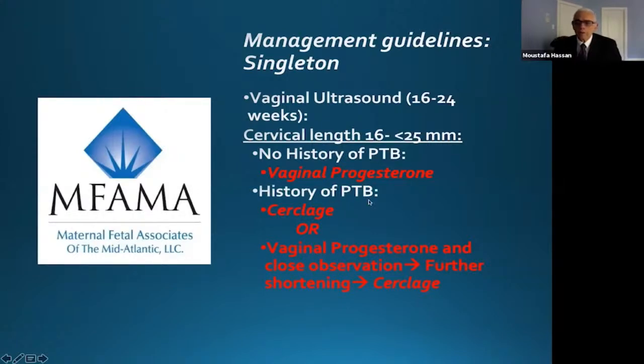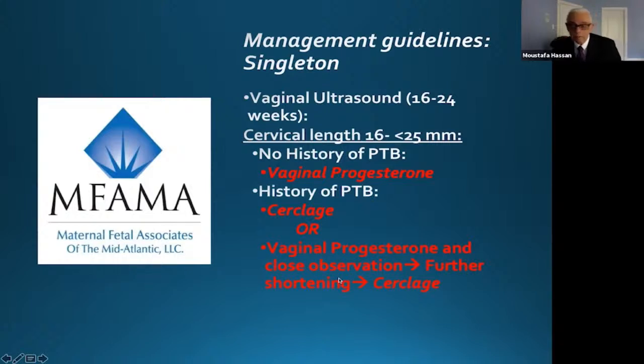History of preterm birth, it's a judgment call. Many of us would just go ahead and do a cerclage, and I'm one of them. Or, if you want to be a little bit less invasive, you can do vaginal progesterone and close observation.